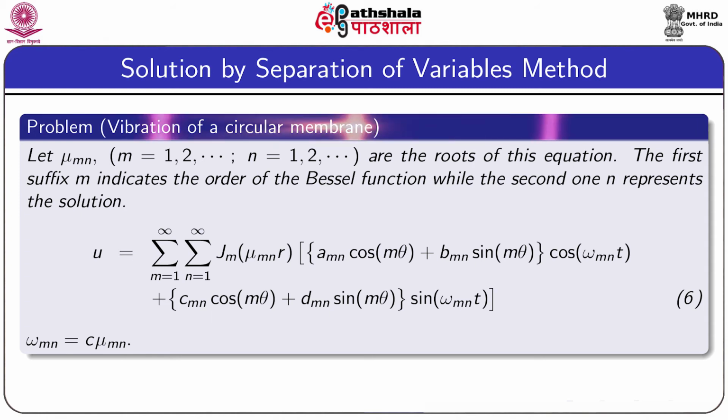Now, we need to obtain the values of the constants a mn, b mn, c mn and d mn. To find the values of these constants, we use the given initial conditions. It is given that the value of u at time t equal to 0 is equal to f.